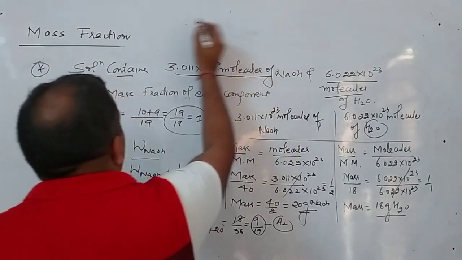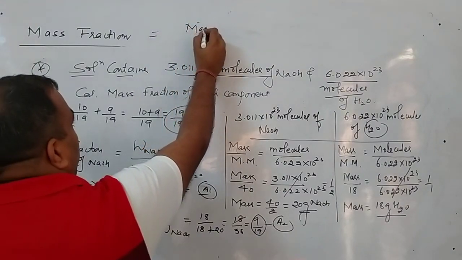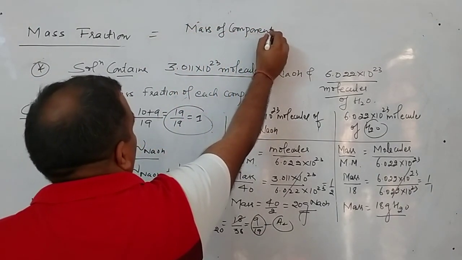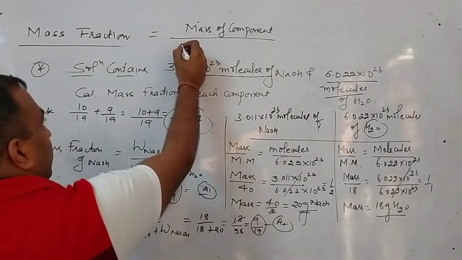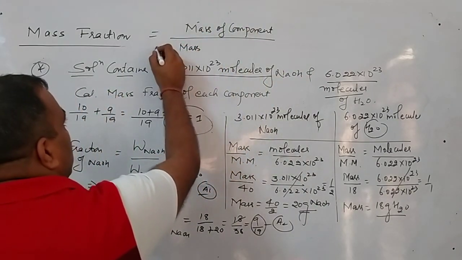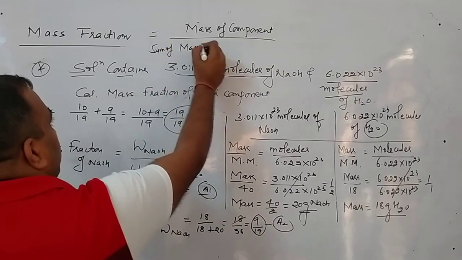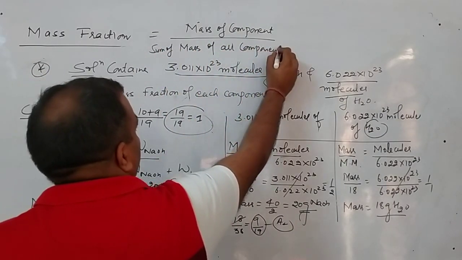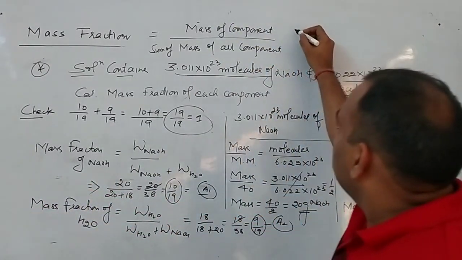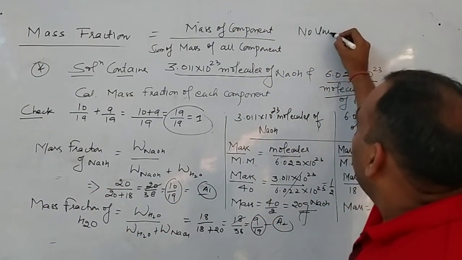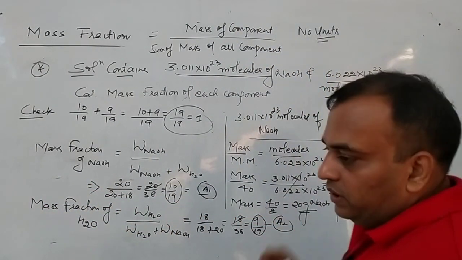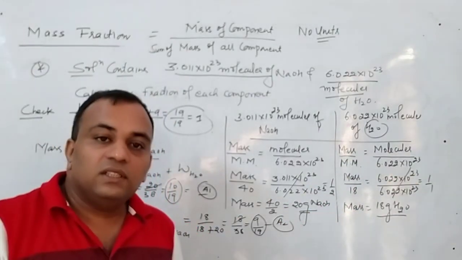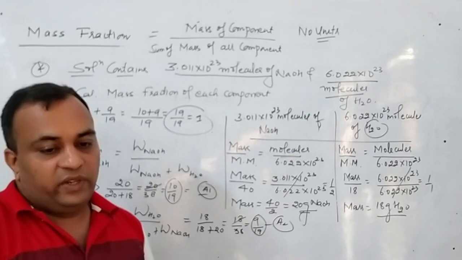Again I repeat, it is the ratio of mass of a component to the sum of mass of all components. Clear? Since this is a ratio, it will have no units. So this is all about the first concentration term, mass fraction. That's all.